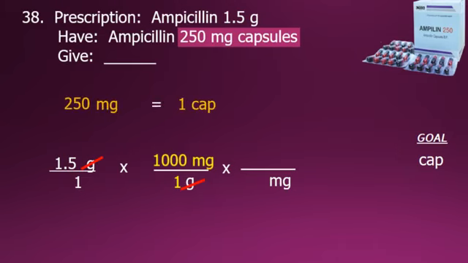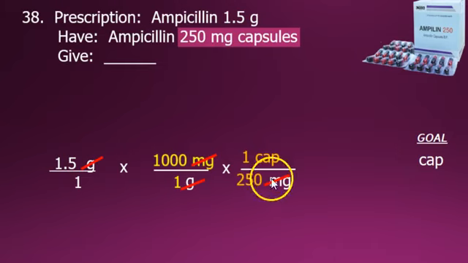Taking these equivalent values and expressing them as our conversion fraction, we'll place 250 milligrams in the denominator, 1 capsule, an equivalent value, in the numerator. When multiplying fractions again, we can cancel out common factors, which in this case is milligrams, leaving us with the unit of capsules, which was the ultimate goal here.